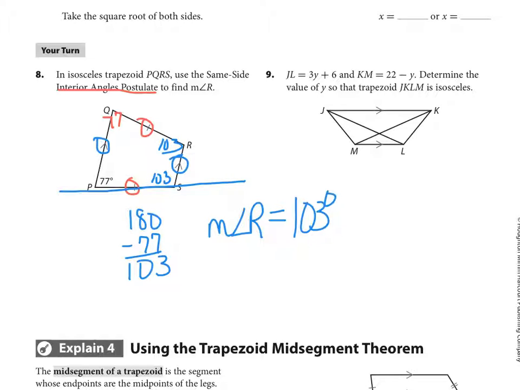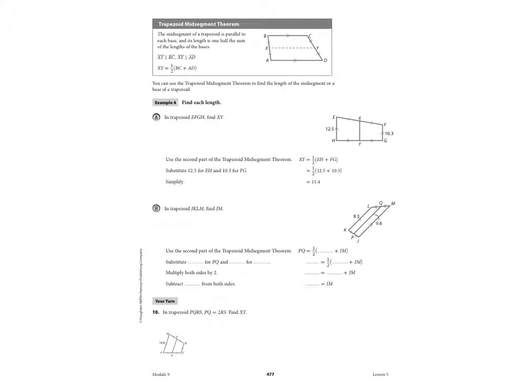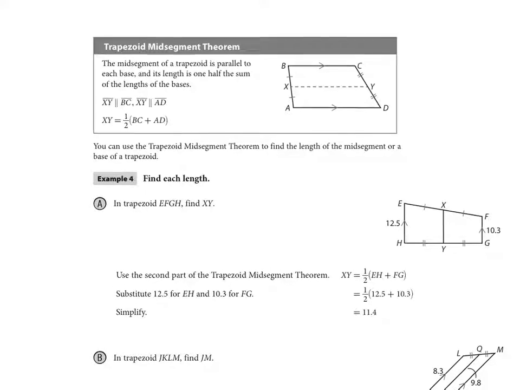And now if you turn the page, the trapezoid mid-segment theorem will be the last thing that we need to learn in here. What it says is the mid-segment of a trapezoid is parallel to each base, and its length is 1/2 of the sum of the lengths of its bases.